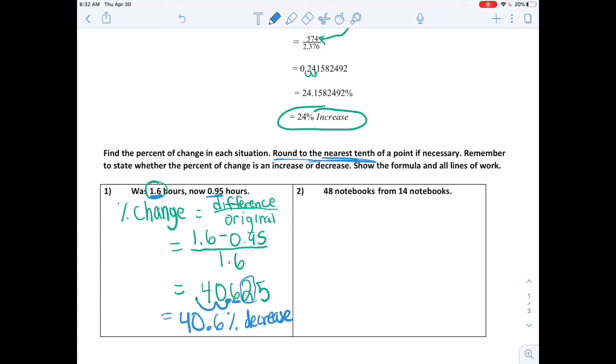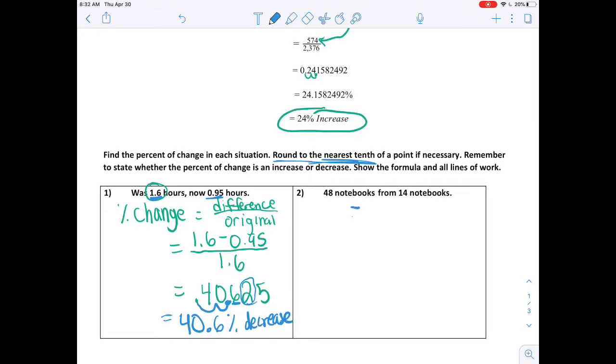Next one, 48 notebooks from 14 notebooks. I know my formula, same formula as before. So that's going to be equal to the difference, 48 minus 14, over the original. What was the original here?